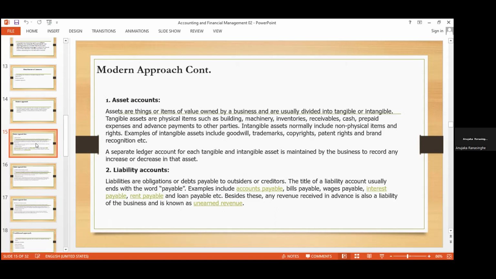Cash we can touch. Intangible assets normally include non-physical items, items we can't touch, and rights. Examples of intangible assets include goodwill, trademarks, copyright, patent rights, and brand recognition, etc.